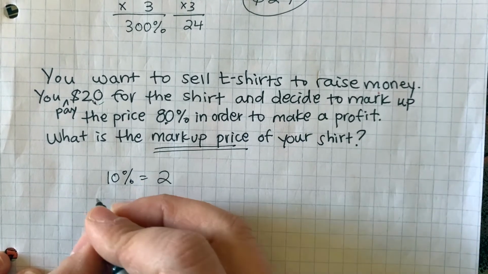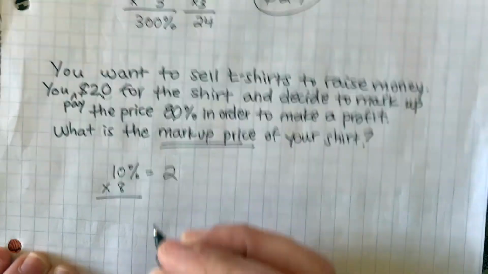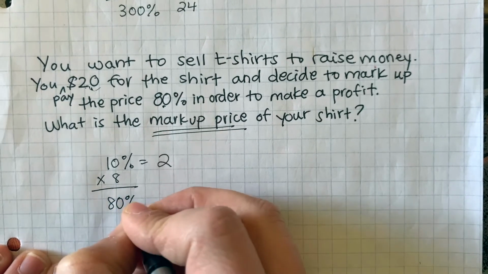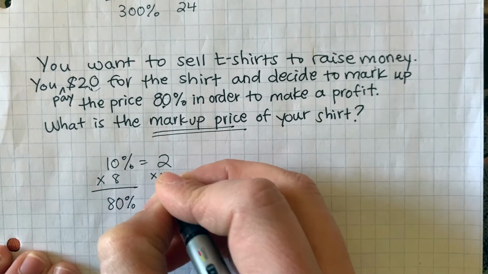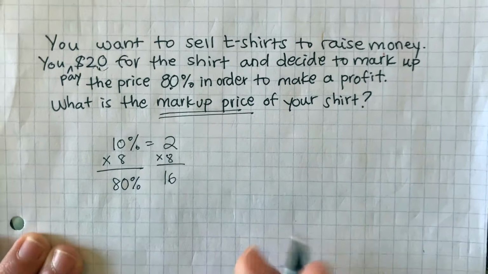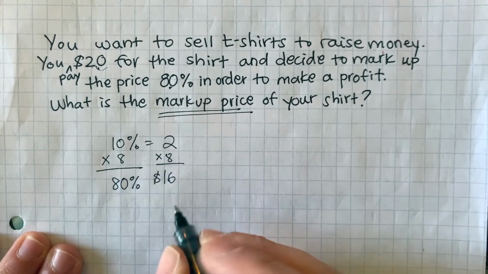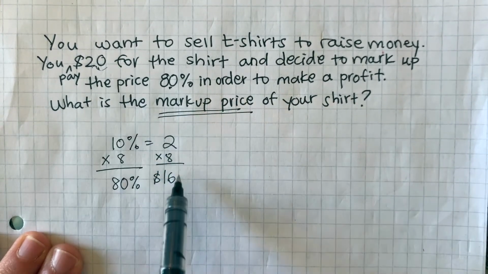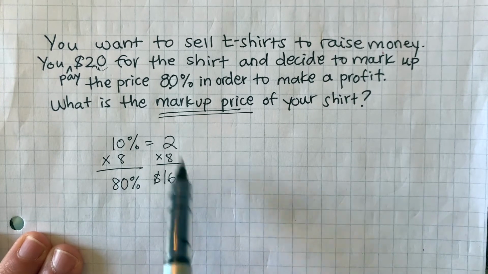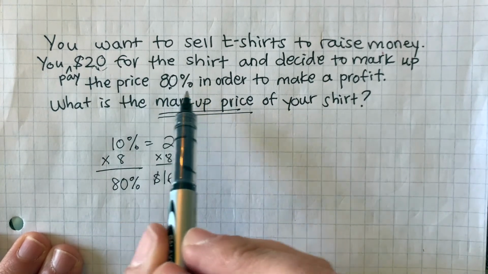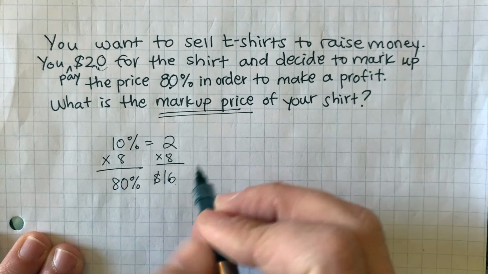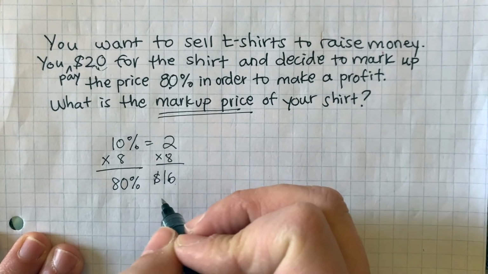All right, so if I want to find 80%, I can multiply times 8. 2 times 8, 16. Okay, so $16. That's 80% of 20. So you are marking up the price by $16.